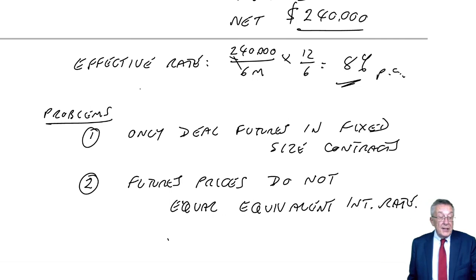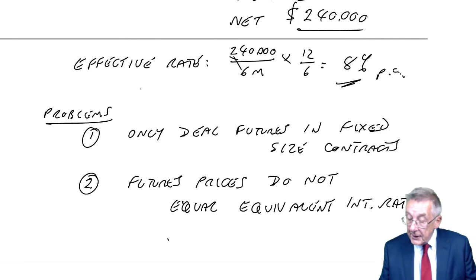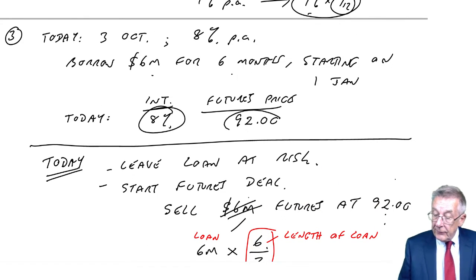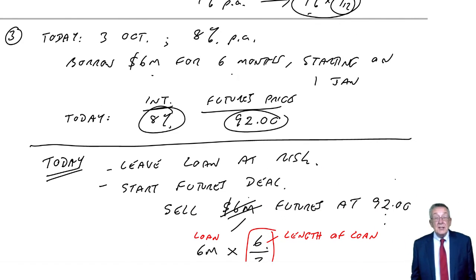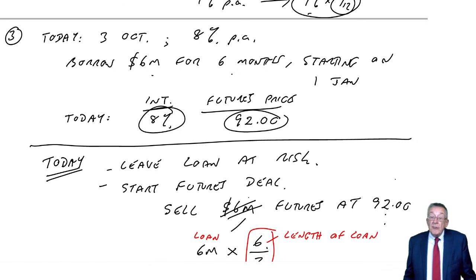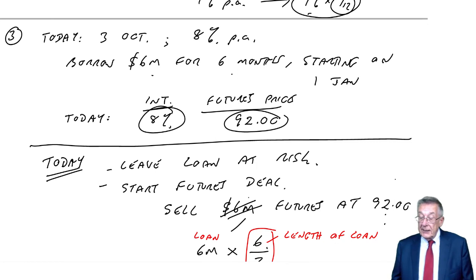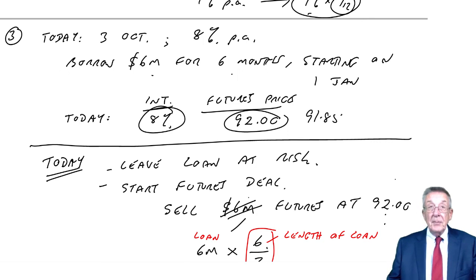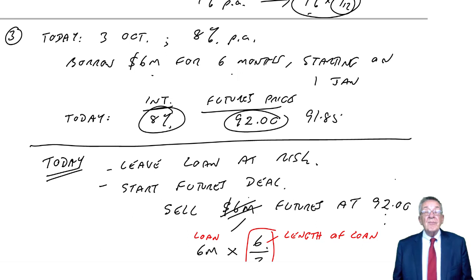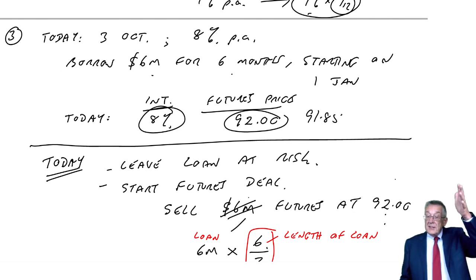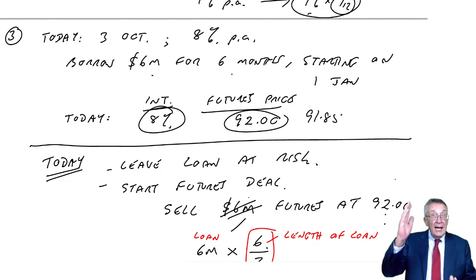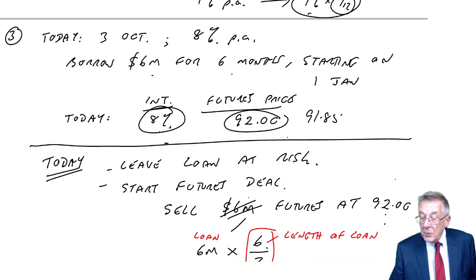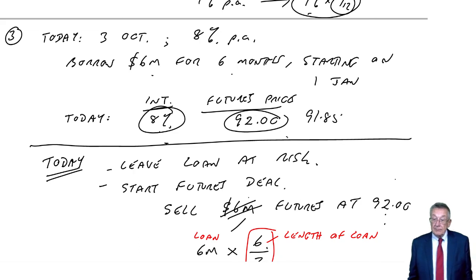And although this was a baby example, where at the moment interest rates are 8% and the futures price was 100 minus 8, it was 92, in real life it wouldn't be exactly 92. It might be 91.85 or something. And okay, as interest rates go up, the futures price will go down, but day by day, the two won't exactly equate to each other.